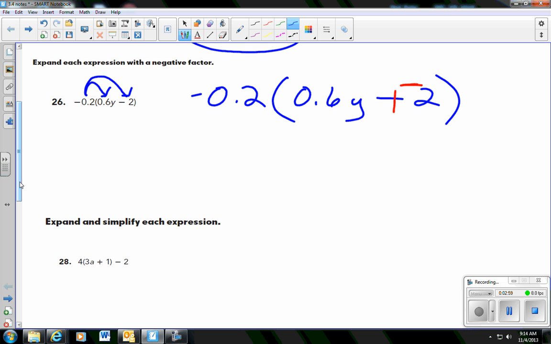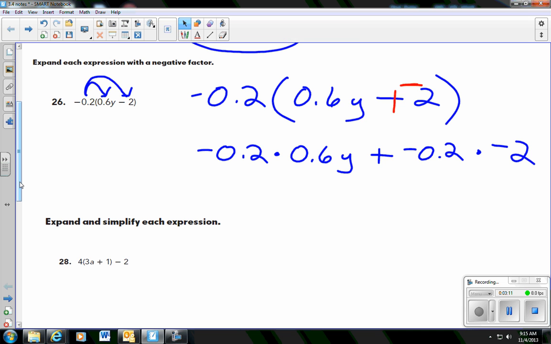And then what we have is we've got negative 0.2 times 0.6y, and then we're adding negative 0.2 times negative 2. Okay, and then you do that multiplying. So again, go ahead and use your calculators. Go ahead and type in negative 0.2 times 0.6.